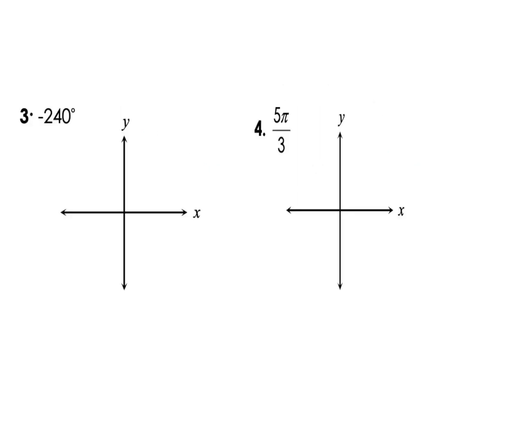Now we have to do negative 240, and then we have one in radians. The way this works is when you're going clockwise this way, this will be 90 degrees, this is 180 degrees, this is 270 degrees, and this is 360 degrees.